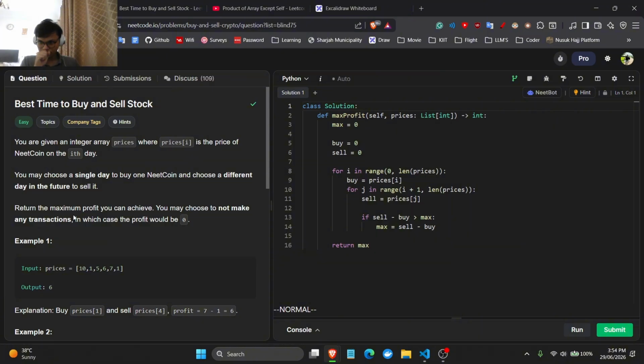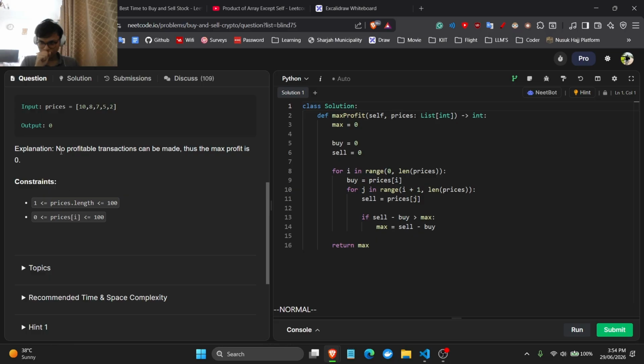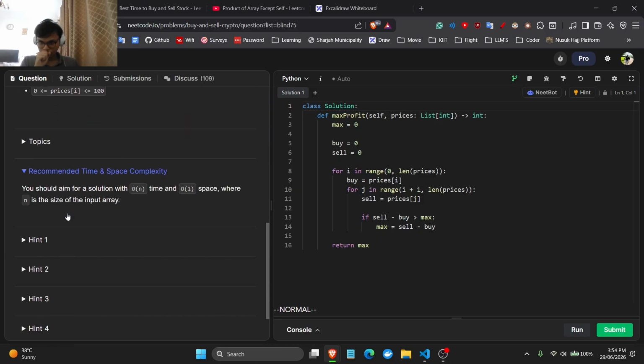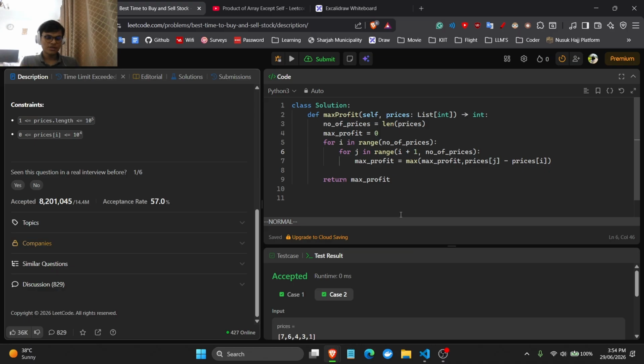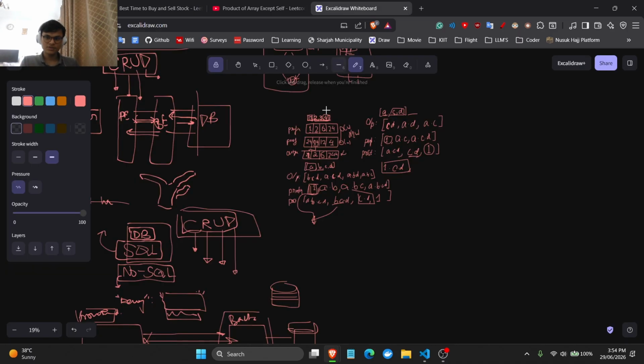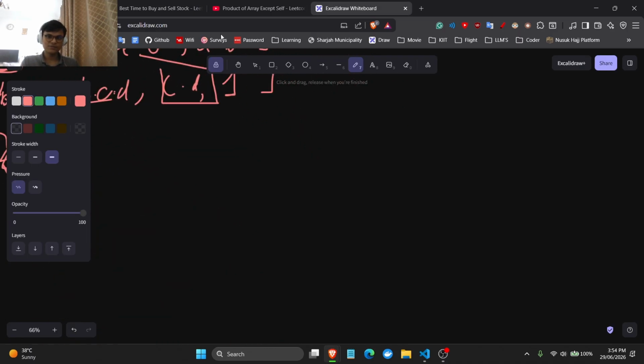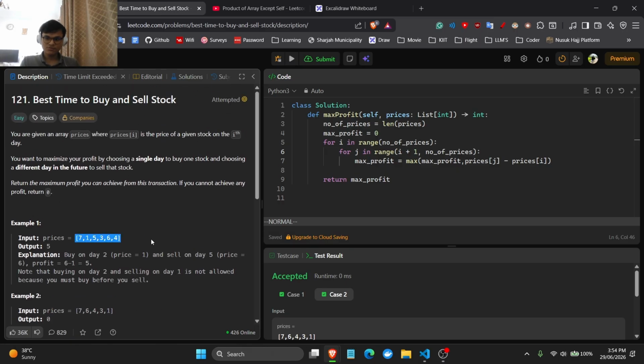Okay, so how do I solve this now in O(n) time complexity? Let's take the simple example of this array.